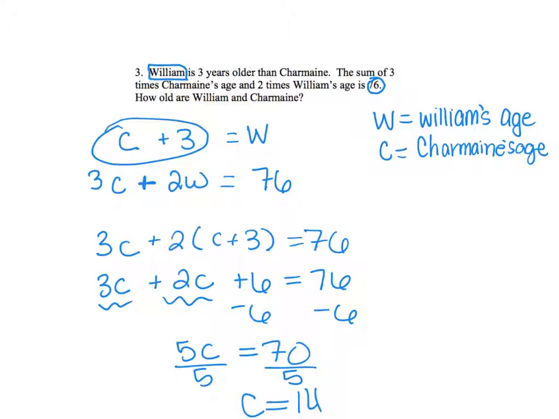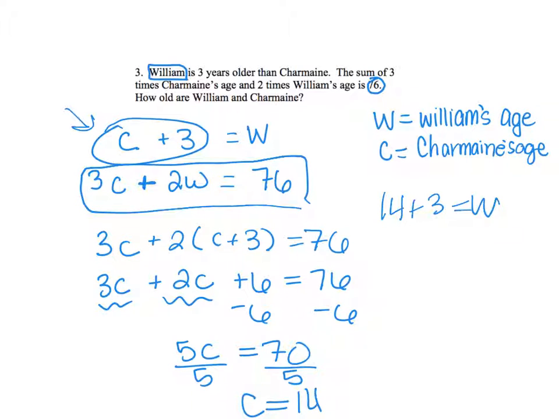Now from here, I'm just going to plug that into the first equation, and I'll have 14 plus 3 equals W, and that will give you William's age as well. Then you can check it by plugging it into this equation again and double checking both of their ages, and then that's how you have it.